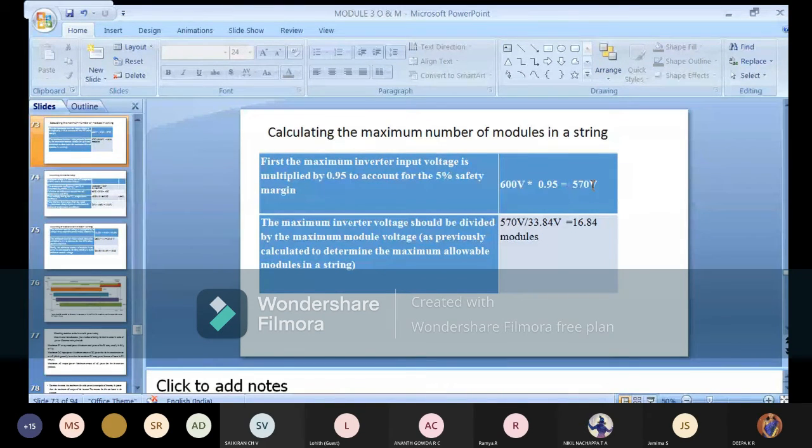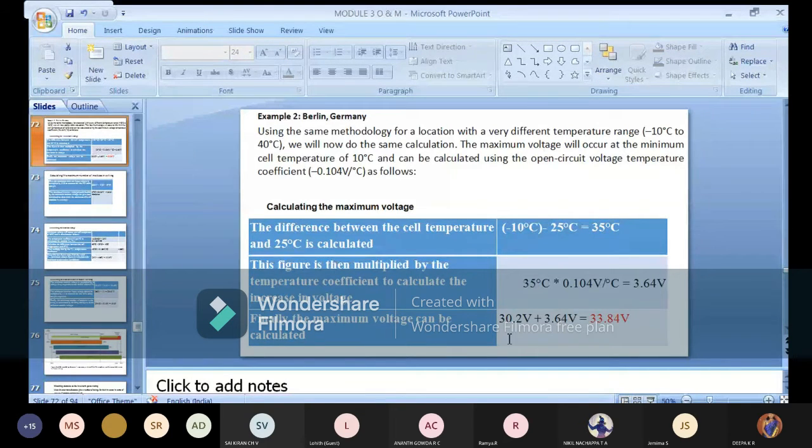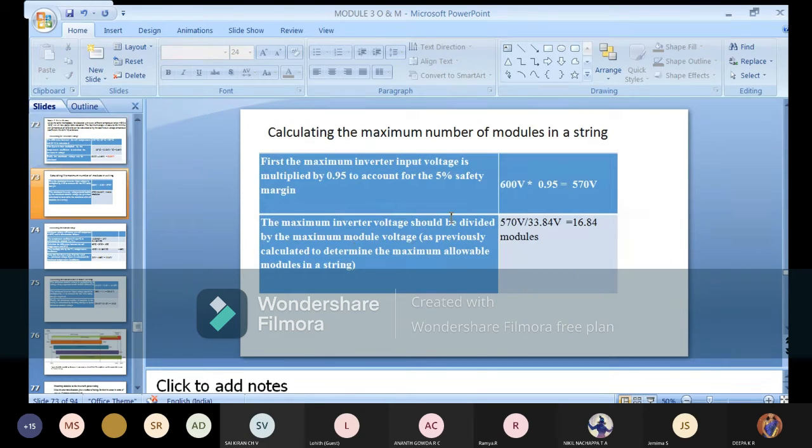So now we have the maximum voltage of the inverter input. Similarly, we know the voltage with respect to the temperature. Finally, the maximum voltage can be calculated for a system. Considering your open circuit voltage plus your temperature consideration, we have 33.84, and similarly the inverter input voltage is also considered at maximum, that is 570. So 570 divided by the maximum voltage we calculated will specify how many modules are required.